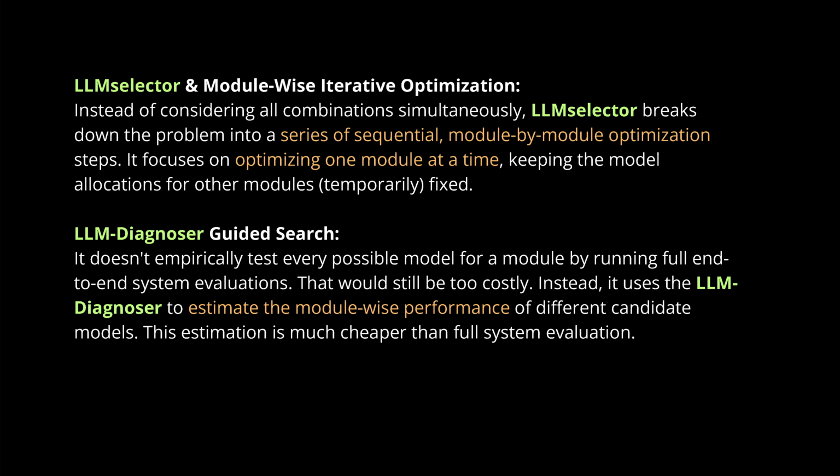In mathematics, it's easy because it can calculate if this is right or wrong. In code, you can simply run the code and see if it is working or not. If you have a little bit more causal reasoning, it might not be that simple. But interesting, this LLM Diagnoser estimates the model-wise performance of different candidate models, and this estimation is much cheaper than the full system evaluation.